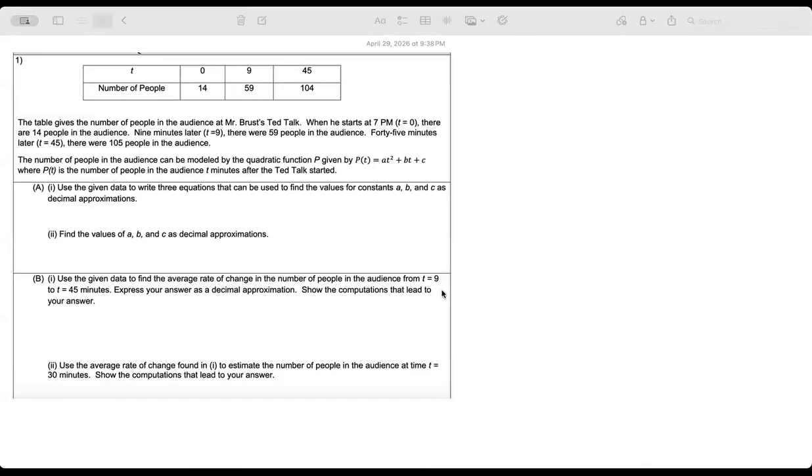FRQ2. You'll have to come up with possible equations for a situation, a table, or a possible scenario, and you'll find values at different instances. That's all this FRQ is on.